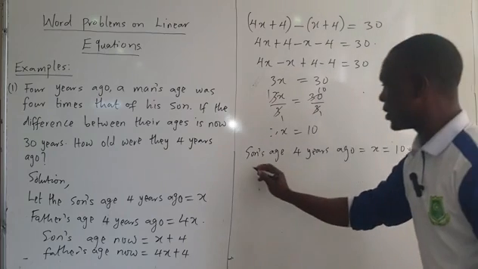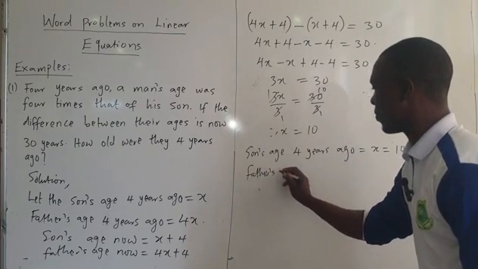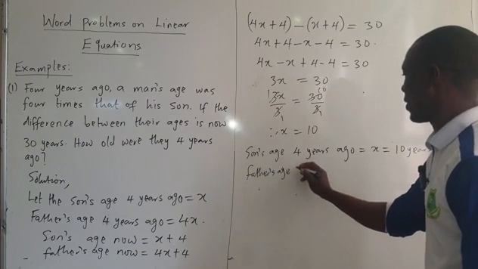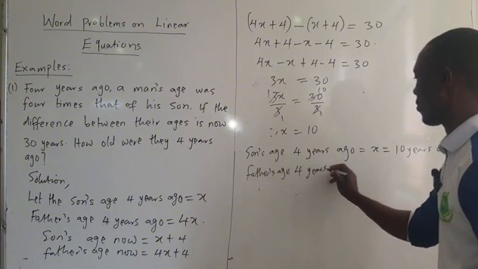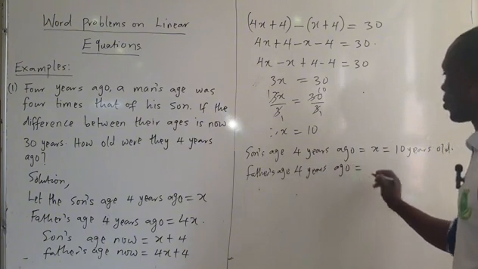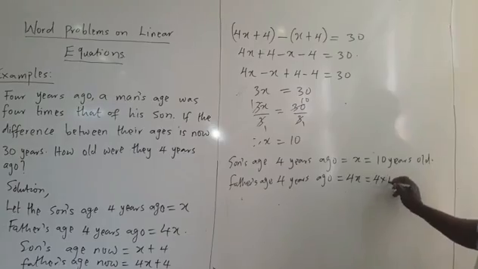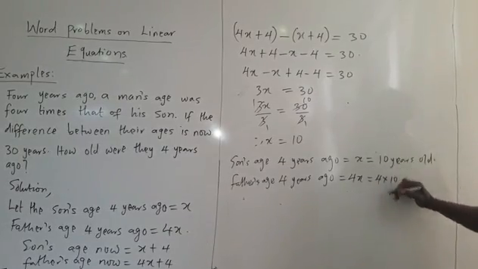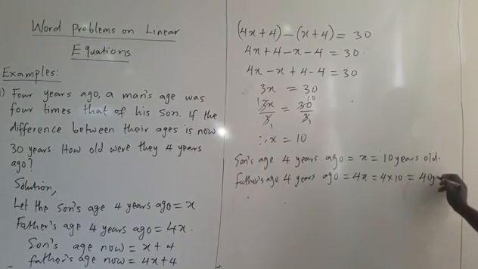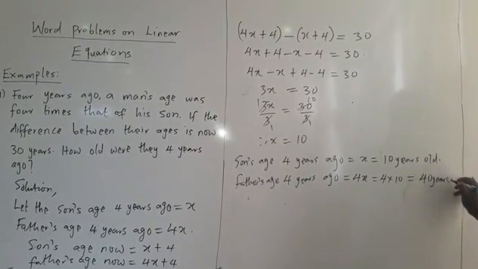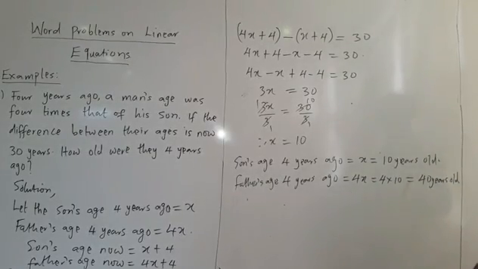While the father's age 4 years ago equals 4x, which is 4 times 10, which is equal to 40 years old. So this is the solution to the first example.